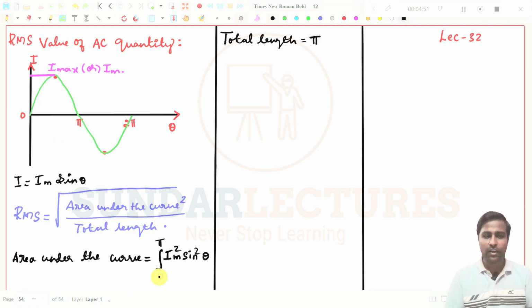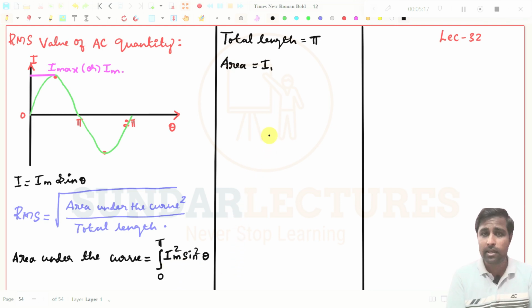Now we simplify this expression so that we can easily find the RMS value. Taking only the area, Im square is a common term, so bring it outside.